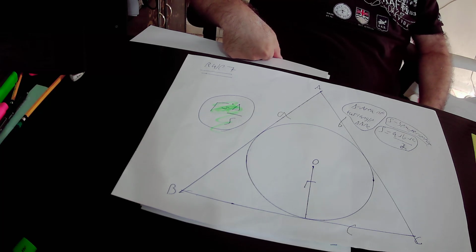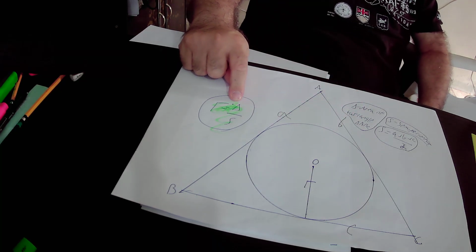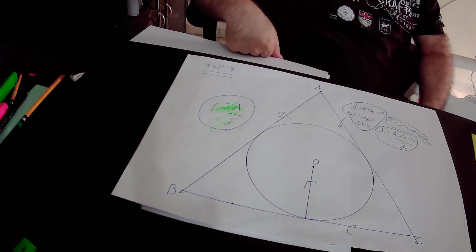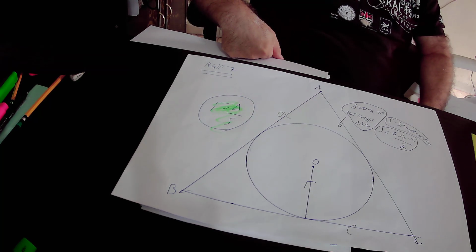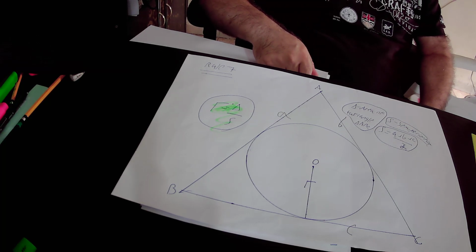The radius of this circle is equal to the area of triangle ABC over the semi-perimeter of triangle ABC. And the semi-perimeter equals the perimeter of triangle ABC over 2.